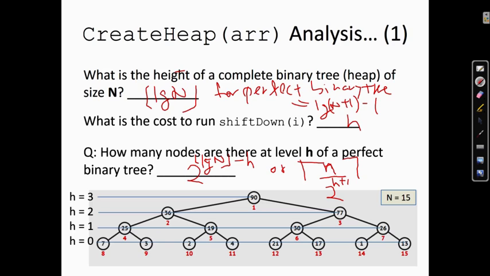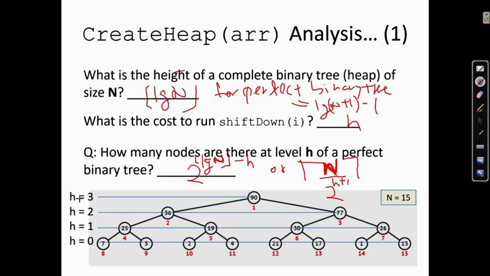Let me see. 15 divided by 2, ceiling, plus 1 is 16. Yeah, I think this is correct. Try to plug it in. This one is n, and this one is capital H. So it's the ceiling of n divided by 2 to the power of h plus 1.